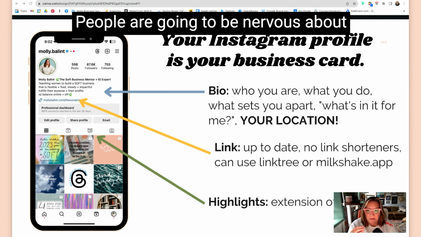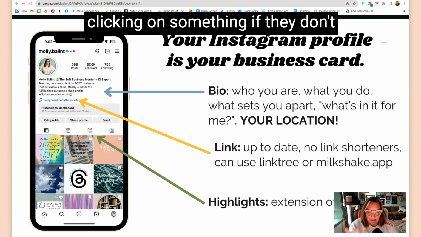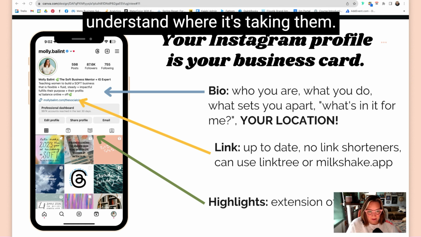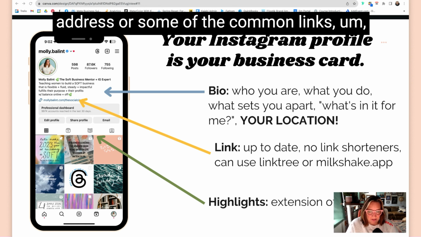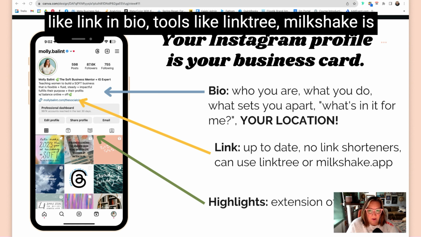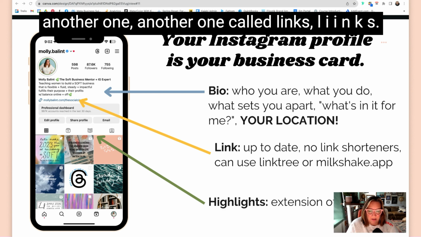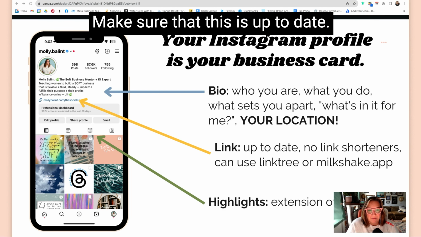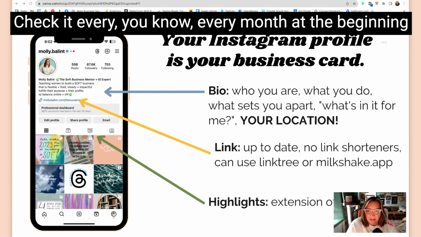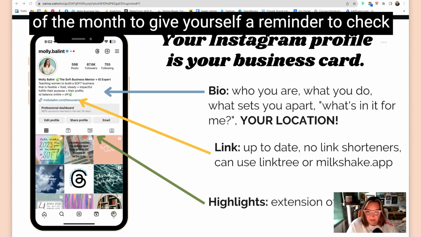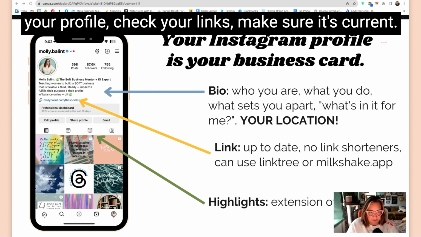People are going to be nervous about clicking on something if they don't understand where it's taking them. So you really want to use your website address or some of the common link-in-bio tools like Linktree. Milkshake is another one, and there's one called Links. Make sure that this is up to date. Check it every month at the beginning of the month. Give yourself a reminder to check your profile, check your links, make sure it's current.